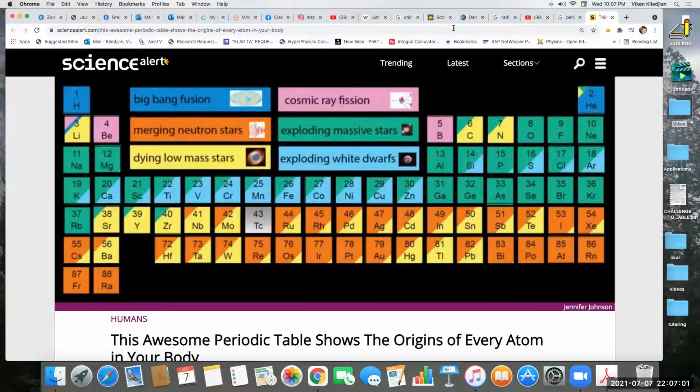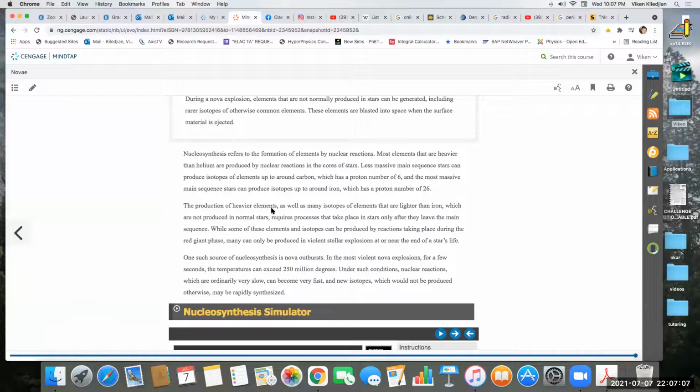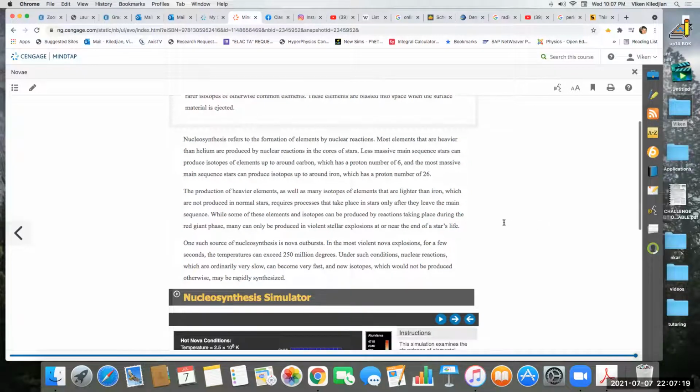Then you get here the production of heavier elements as well as many isotopes of elements that are lighter than iron, which are not produced in normal stars, and require processes that take place in stars only after they leave the main sequence.